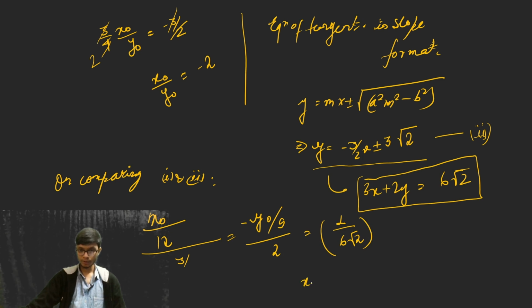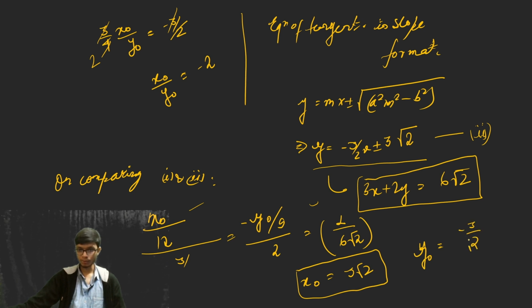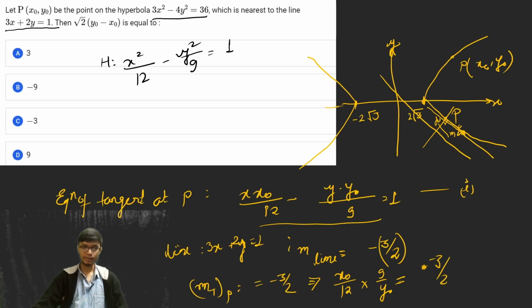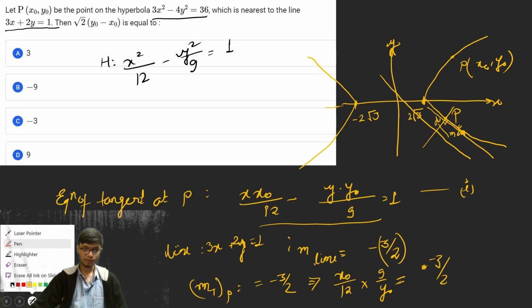From here, if you evaluate the first form, then you get the x₀ value, and x₀ is equal to 3√2, and y₀ is equal to −3/√2. So I got both the values of x₀ and y₀, and if I have both the values, then I can easily calculate the expression √2·y₀ − x₀.